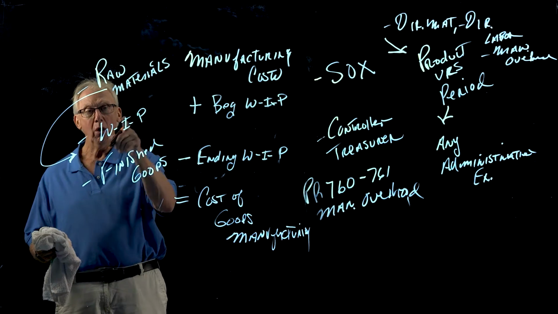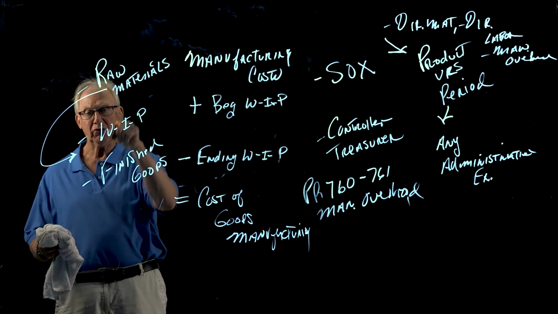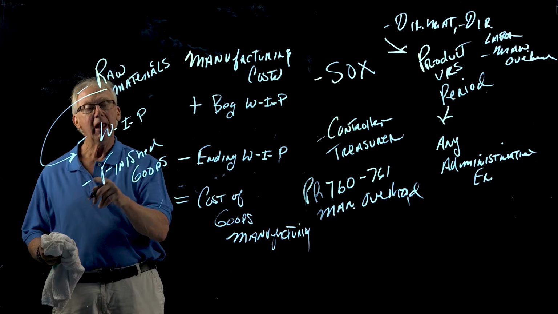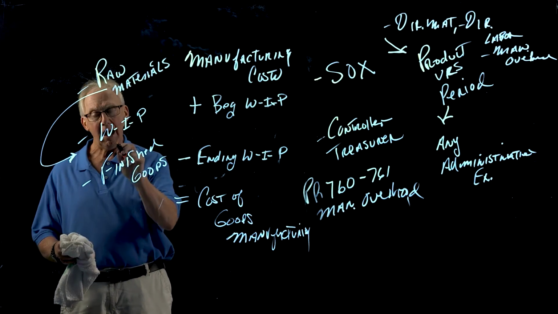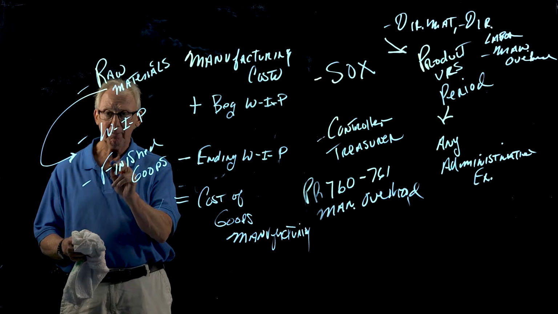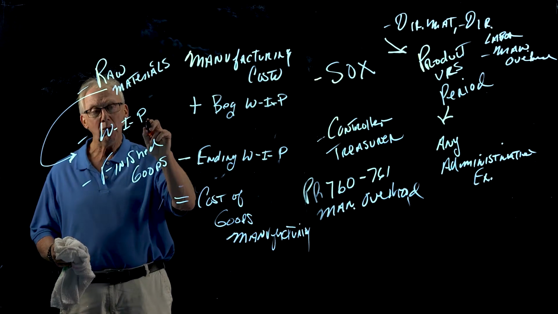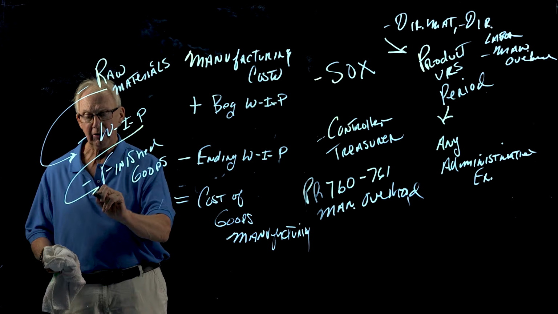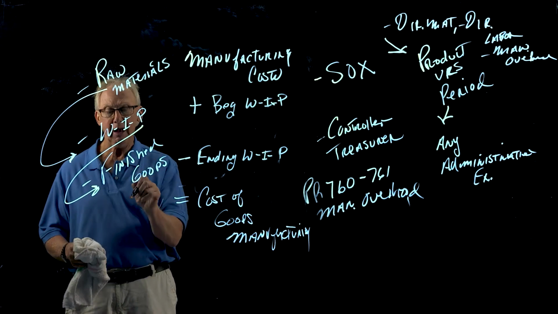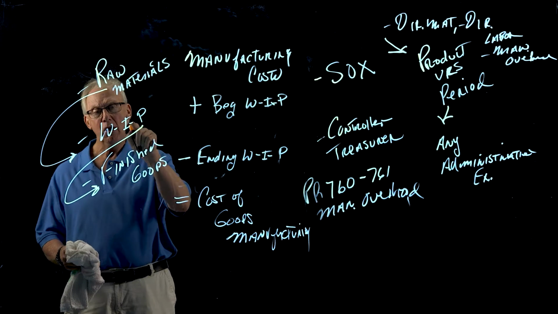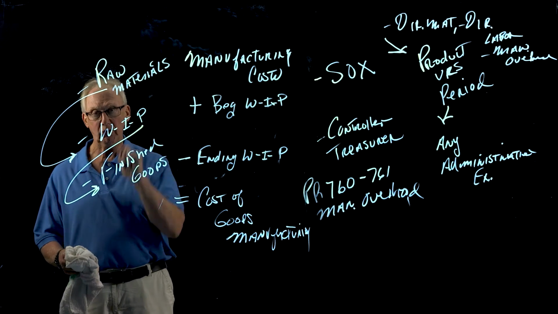Okay, so what goes into work in process? Raw materials, direct labor, and manufacturing overhead, your 3 product costs. Now, when the job gets finished, the job moves from work in process into finished goods. Okay, these are called inventory accounts: finished goods inventory, work in process inventory, raw materials inventory.